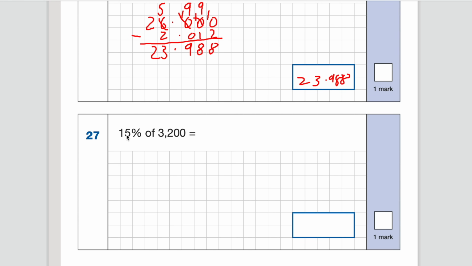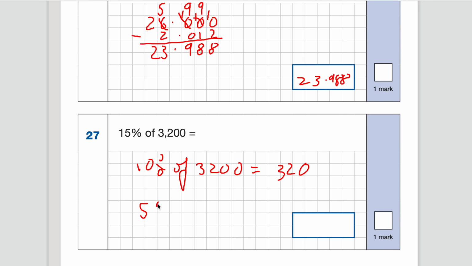Number 27. What's 15% of 3,200? This is fairly easy. If we find 10%, that's the same as dividing by 10. And remember, if we divide by 10, everything moves one place to the right. So 10% of 3,200 is 320. So if we want to find 5%, which we can add on to the 10% to make 15%, we just half this number.